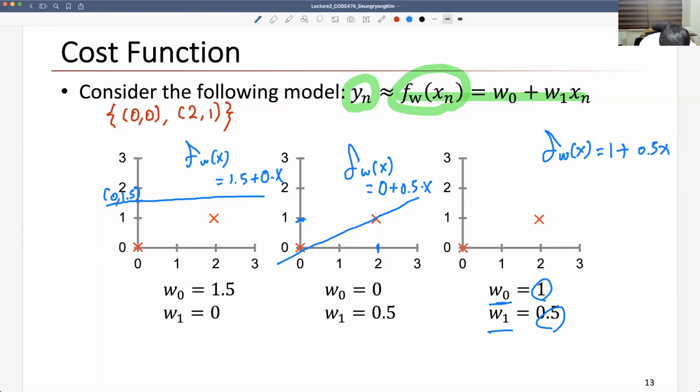When x is equal to 0, y should be 1, and when x is equal to 2, y should be 2. Okay, so question: which one is the best? Which mapping function best represents this training data?